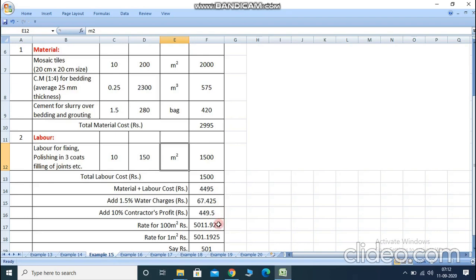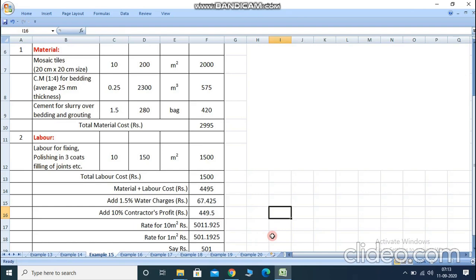So summation of all these three values, we got the answer for the rate for a 10 meter square of mosaic tiles. Rate is 5011 rupees 9 paisa. Now for finding out the 1 meter square rate, 5011.925 divided by 10.